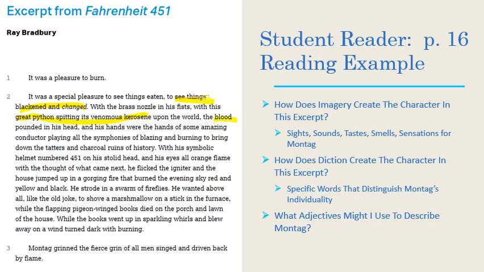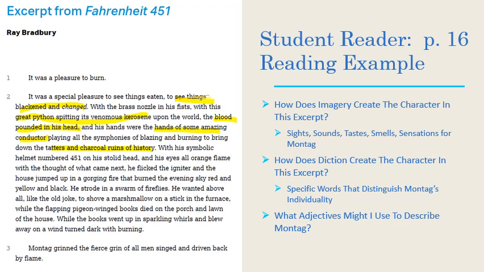Blood pounding in his head is a sensation, right? His hands, the hands of some amazing conductor. You can see his hands kind of waving. The tatters and charcoal of the ruins of history, right?